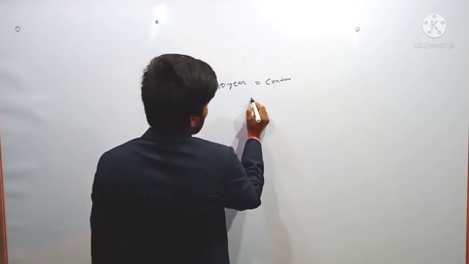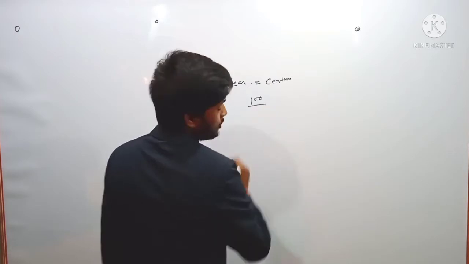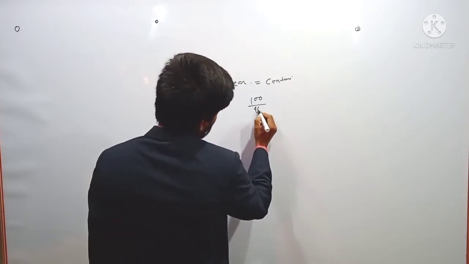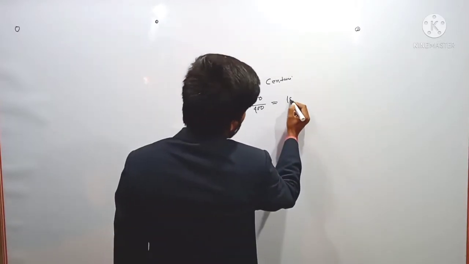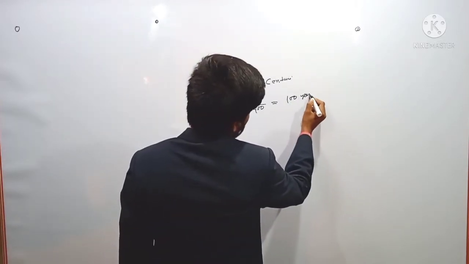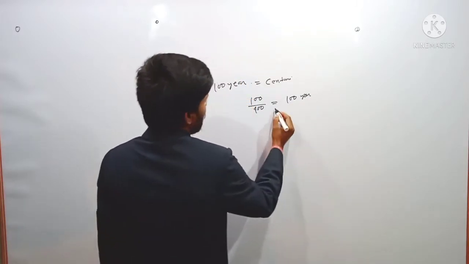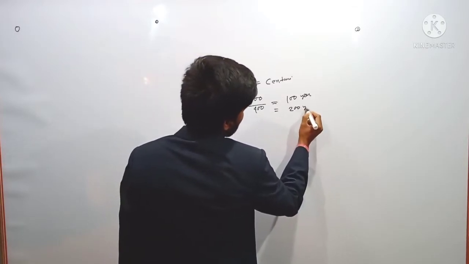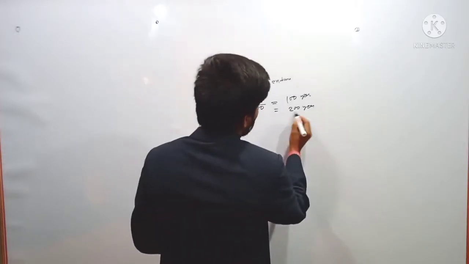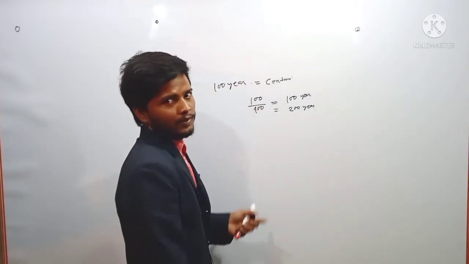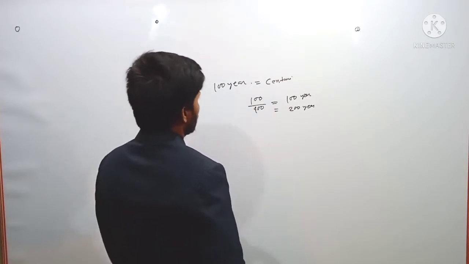If it is a century year, then it should be divisible by 400. 100 is not divisible by 400, that's why it is not a leap year. 200 years, tell me, is it a leap year or not? It is not divisible by 400, so it is not a leap year.